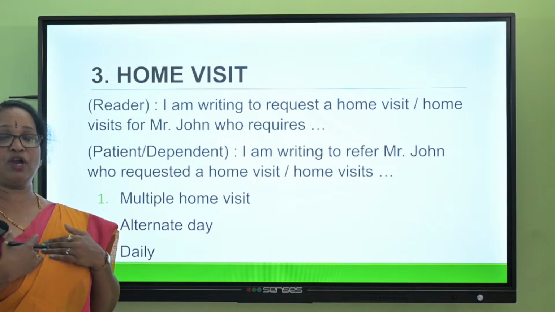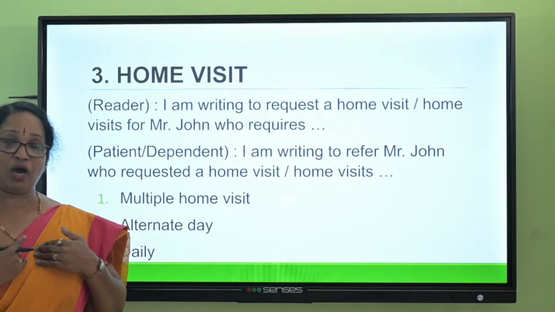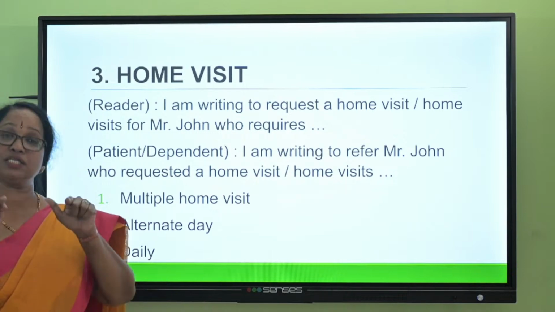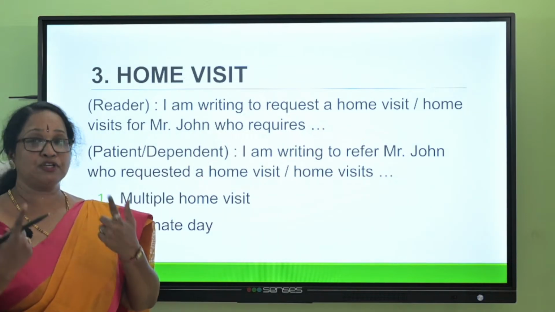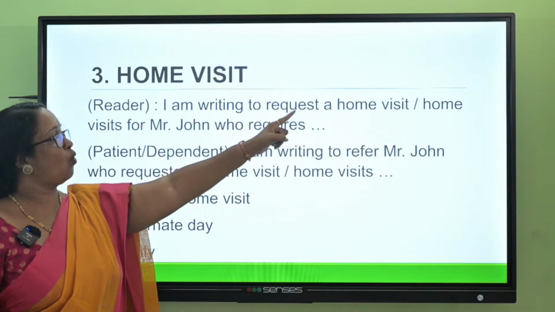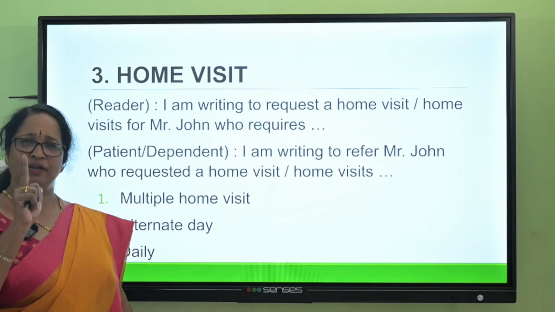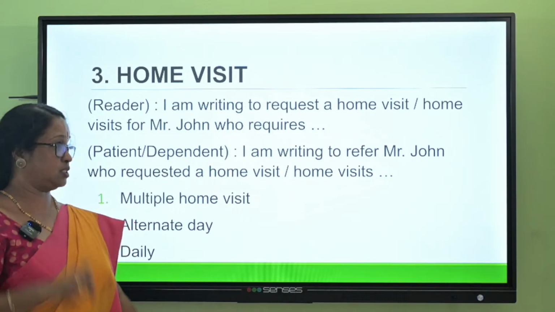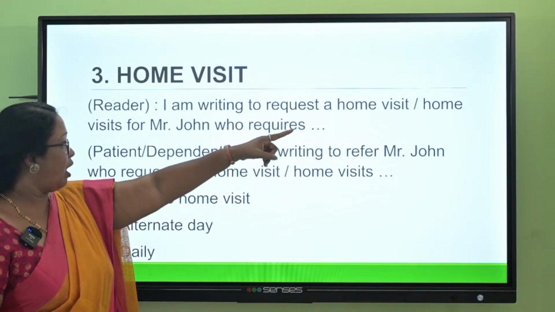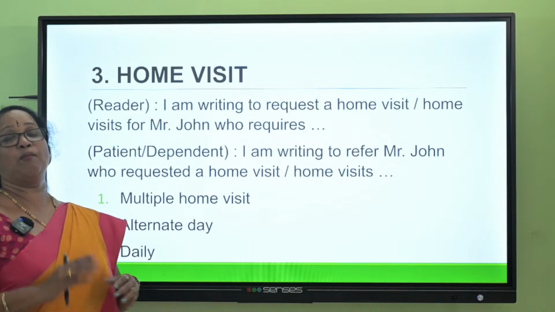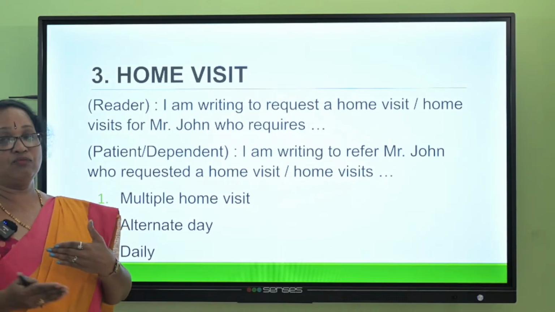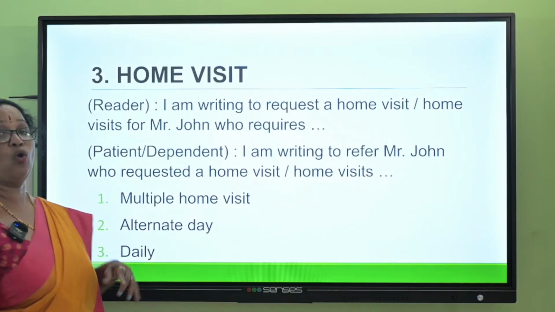Your reader needs to understand that you are the charge nurse. So you write, "I am writing to request a home visit." A home visit means a one-day visit. Or else, "I am writing to request home visits" if it is more than one day.